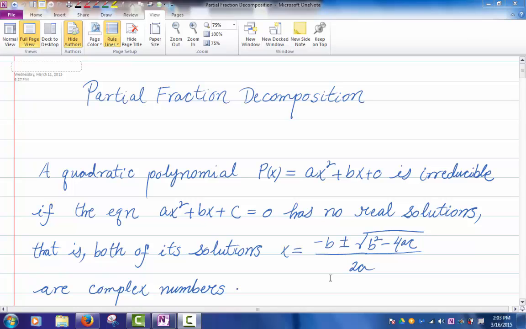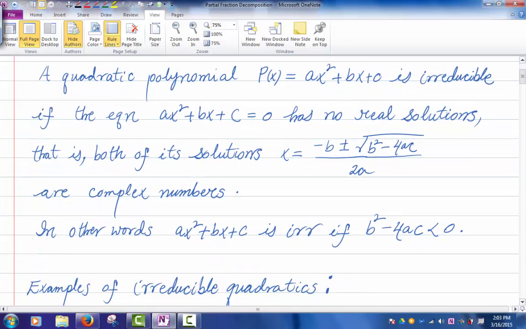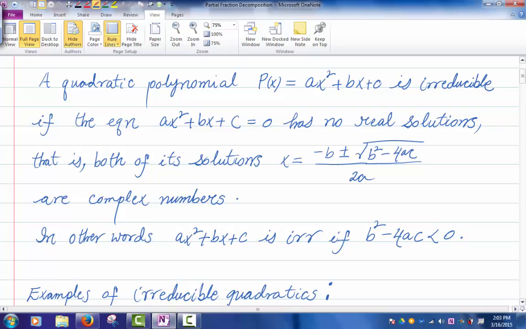But I'm going to go over the main ideas and big ideas of the section. Partial fraction decomposition is a technique that is helpful to evaluate integrals involving rational functions. First of all, there is one concept that I want to clear out. If you have a quadratic polynomial, when is it called irreducible?